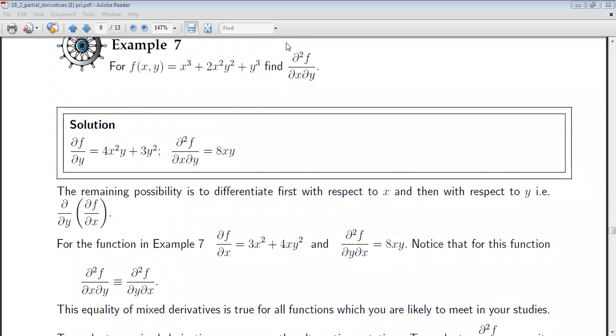Have you written that? You have to find del square f del x del y and del square f del y del x.